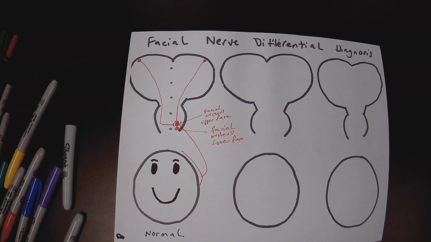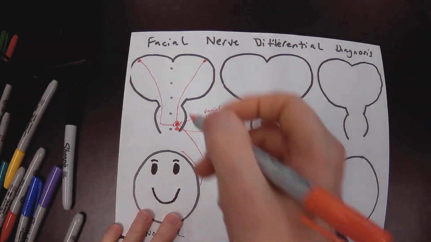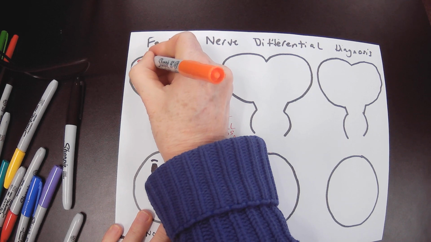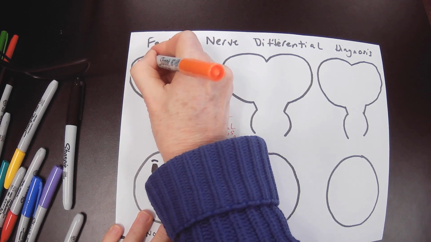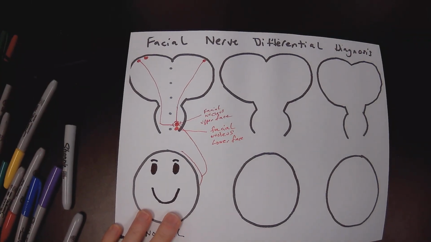The facial nucleus for the lower face is only being synapsed by contralateral upper motor neurons.